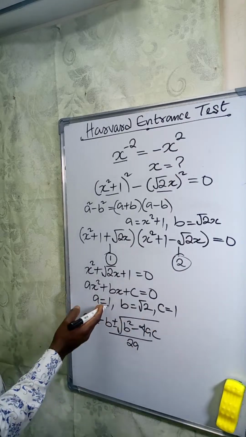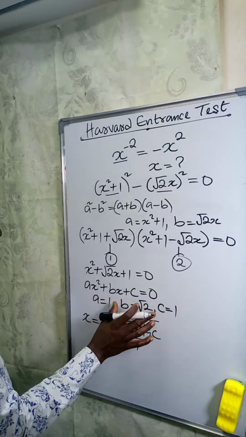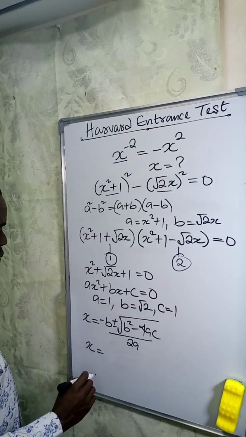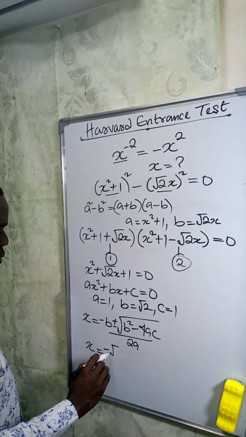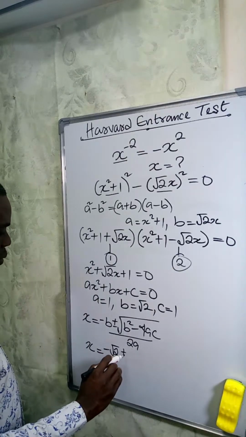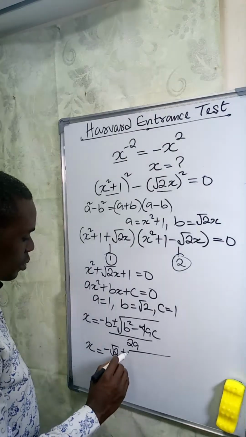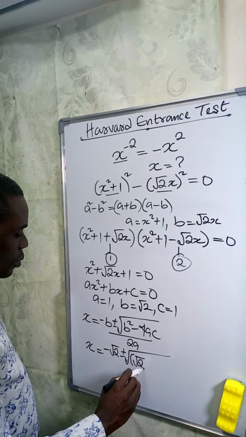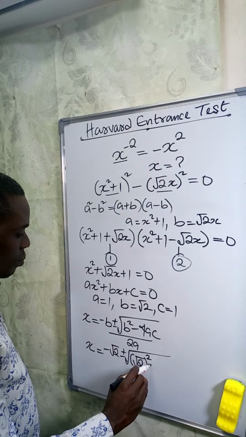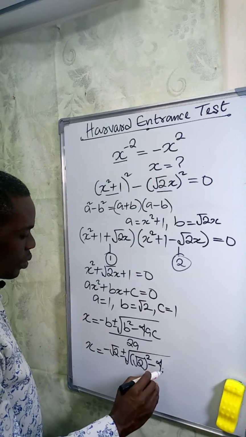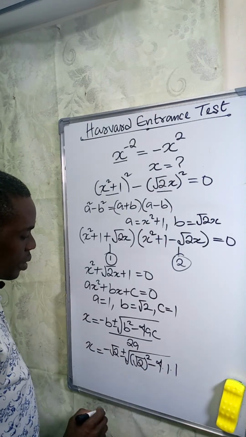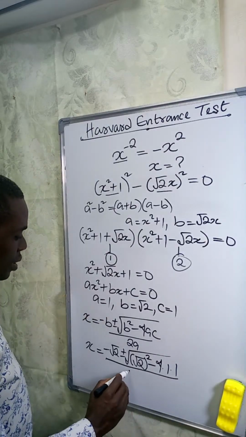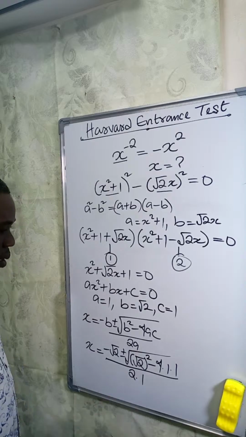Now let's insert all these parameters. The value of x will be equal to negative square root of 2 plus or minus the square root of (square root of 2) all squared minus 4 multiplied by 1 multiplied by 1, and all of these will be divided by 2 multiplied by 1.